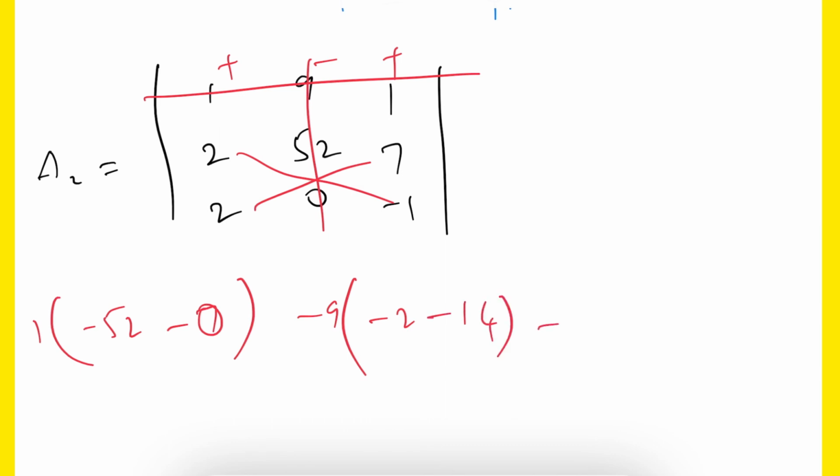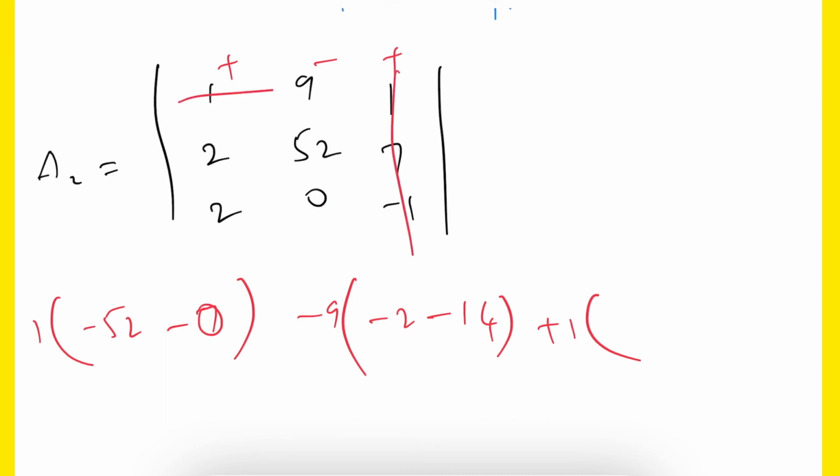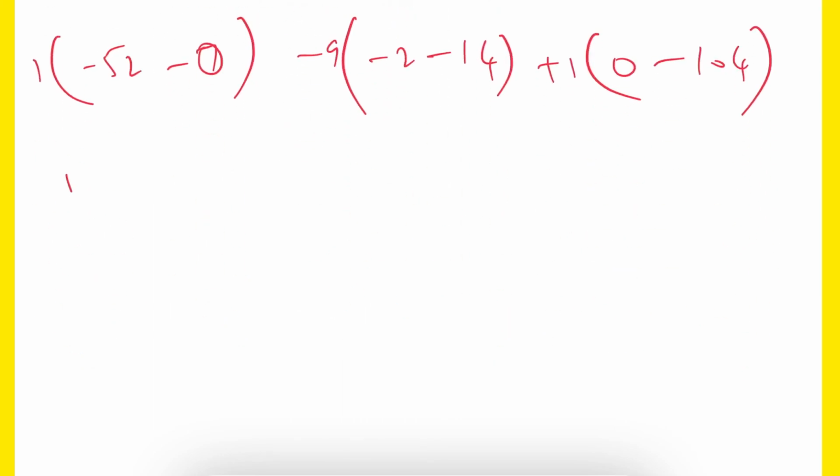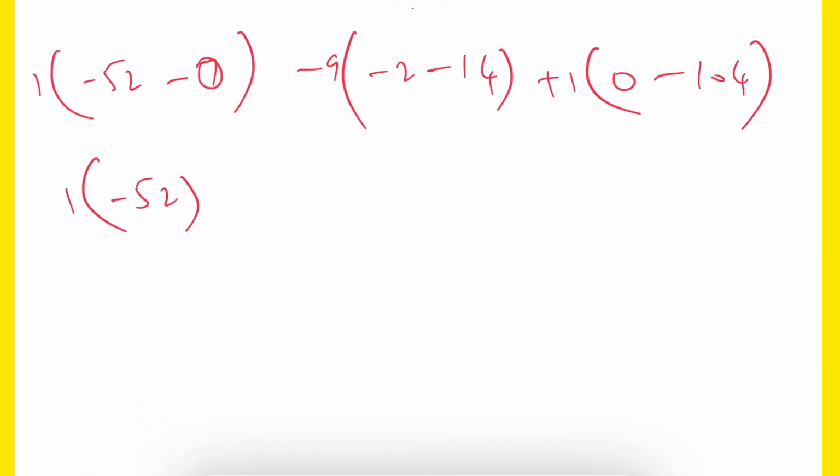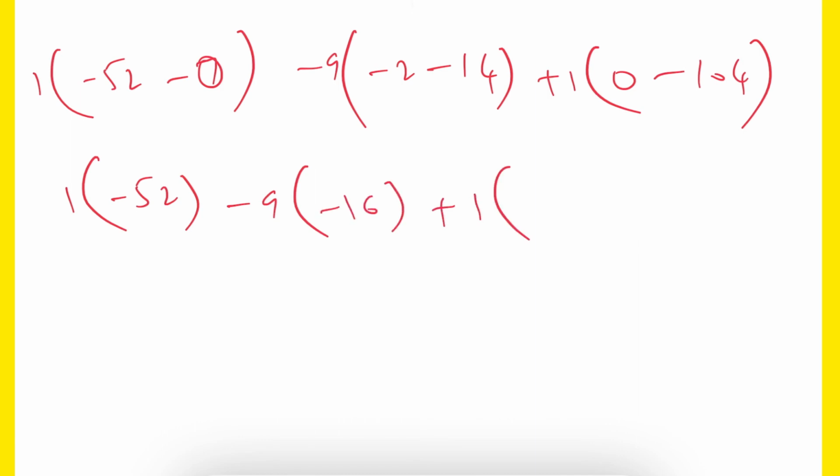Next plus 1 into 2 into 0 is 0, minus 2 into 52 is 104. Let us simplify this. 1 into minus 52 minus 0 is minus 52, minus 9 into minus 2 minus 14 is minus 16, plus 1 into 0 minus 104 is minus 104.